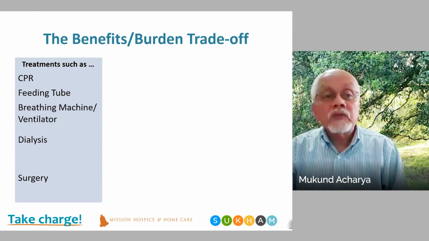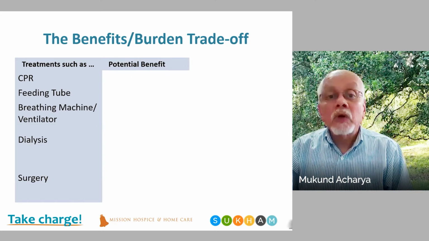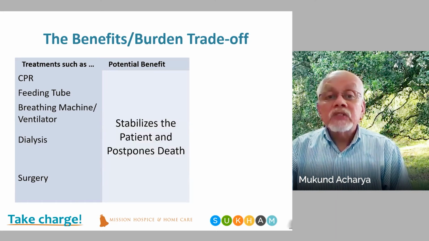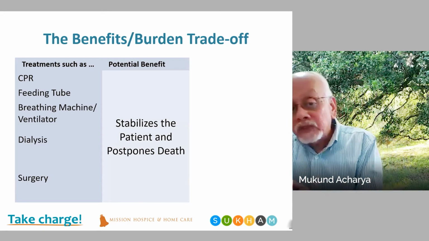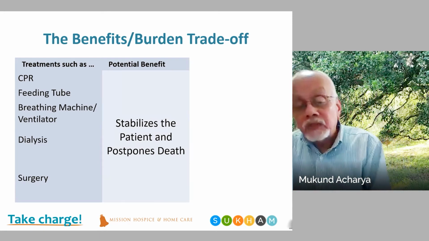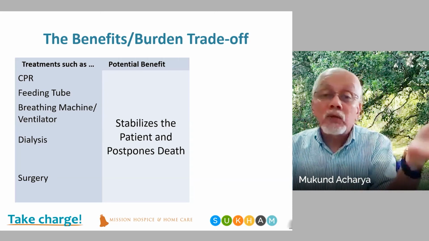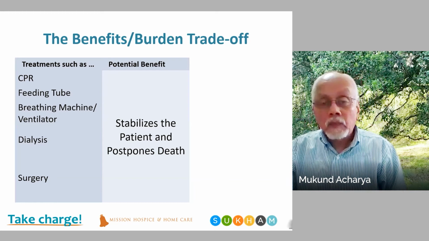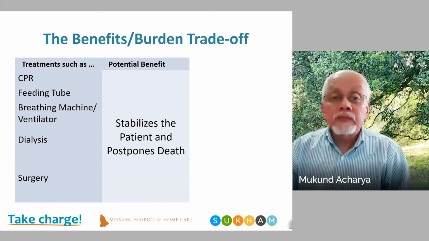And for each of these treatments, there's a potential benefit. And what is that benefit? It could stabilize the patient if the patient is near death, it could postpone the patient's death, but it could potentially also bring the patient back to cure, right? Depending on where in the trajectory of illness the patient is.